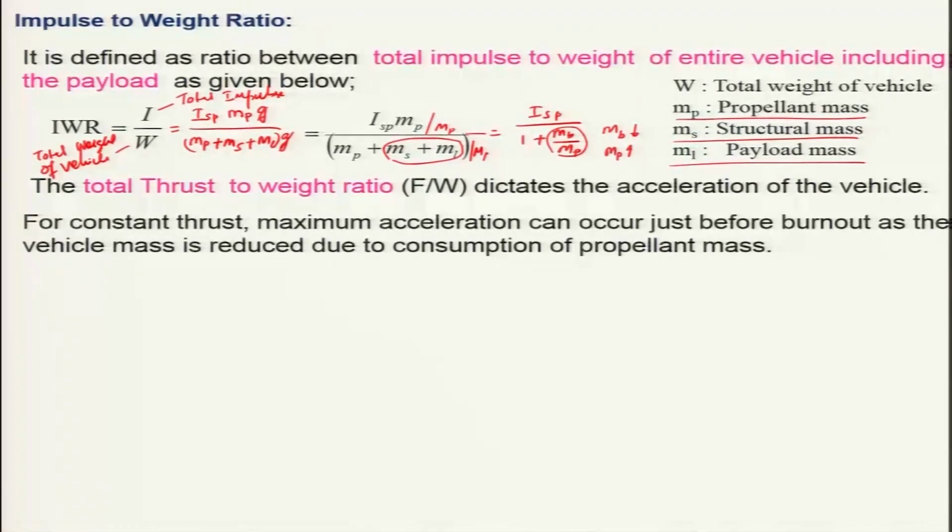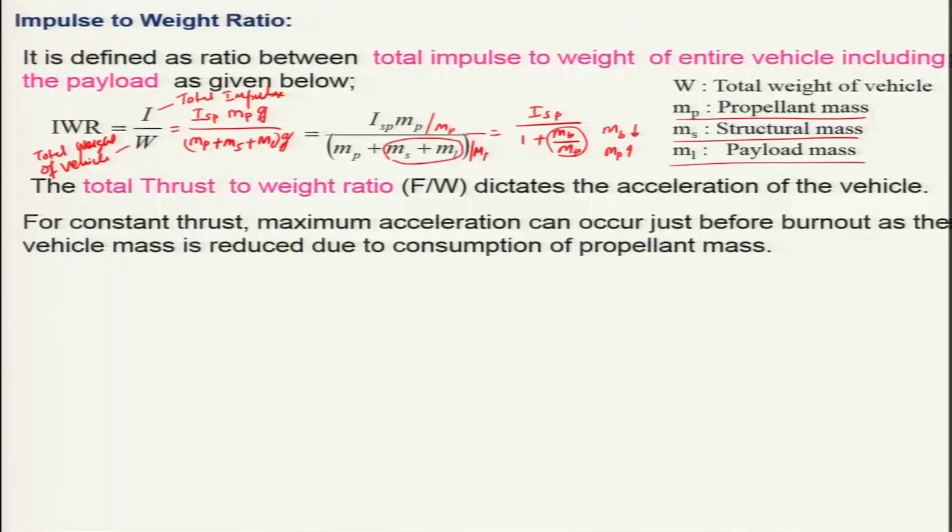And for a constant thrust, maximum acceleration can occur just before the burnt out, as the vehicle mass is reduced due to consumption of propellant mass. Keep in mind that vehicle mass changes as the propellant gets consumed, and at the burn out generally all the propellant mass has been consumed.